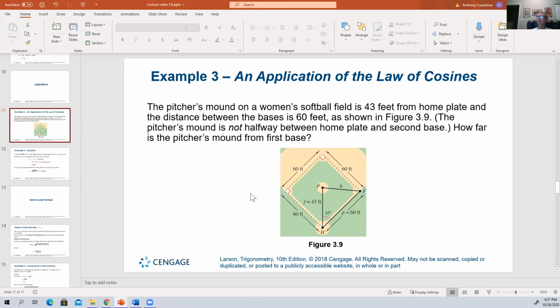But here we're given, here is the baseball diamond. And this is a woman's softball field where the pitcher's mound is 43 feet from home plate, and from home plate to first base is 60 feet.